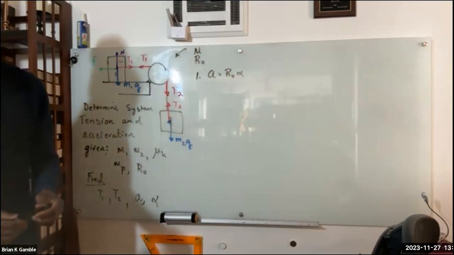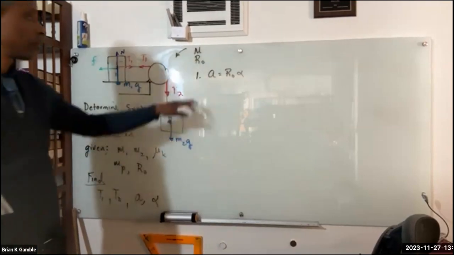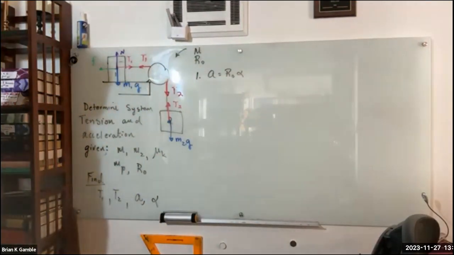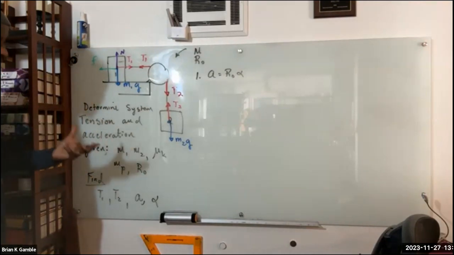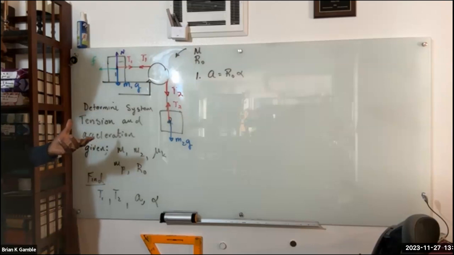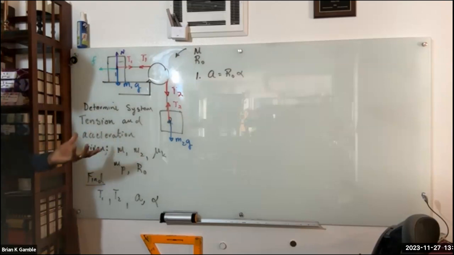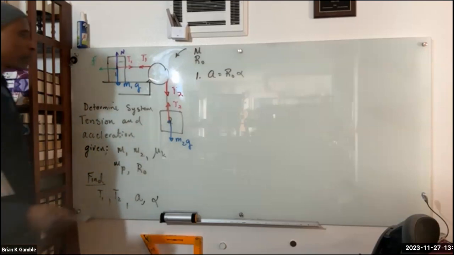Since we have R naught, once we find the linear acceleration, we could find the angular acceleration, or vice versa. But then the other 3 equations are going to be Newton's law for X, Y, and also for rotation.